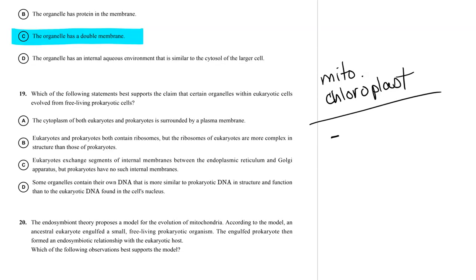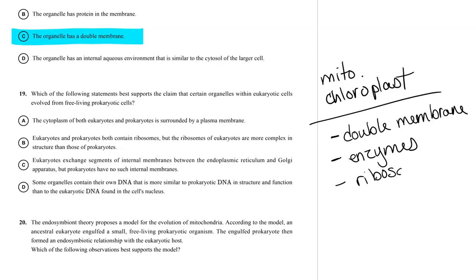One of them's the answer from the last question. They have a double membrane. So they have two layers of membrane. They also have their own enzymes. That means they have their own ribosomes to make those enzymes.